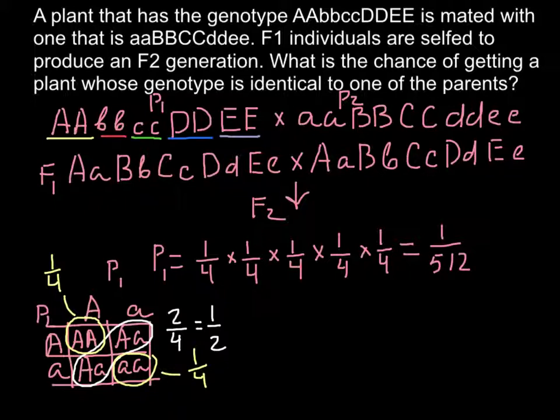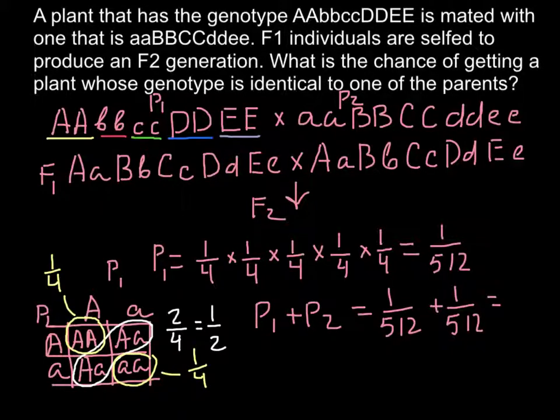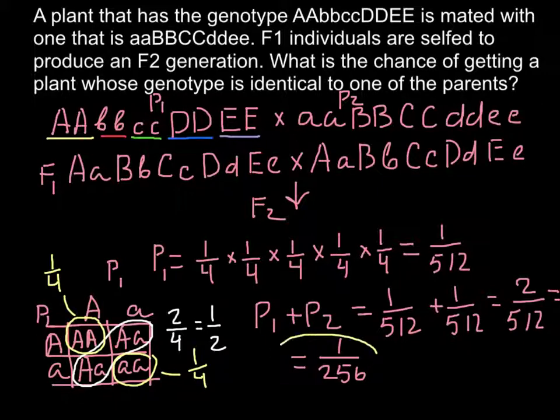So now we are ready to give the final answer: the parent 1 plus parent 2 probability would be 1/1024 plus 1/1024 for parent 2, and this is going to be 2/1024, or we can simplify as 1/512. So this is going to be our answer.